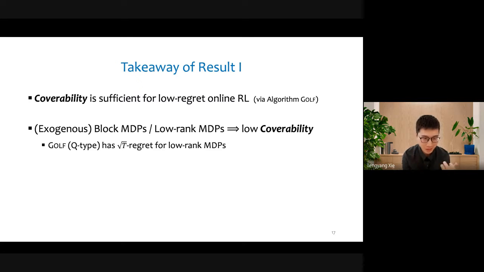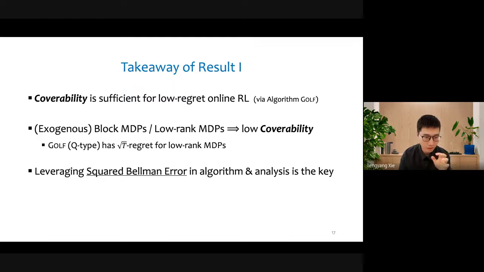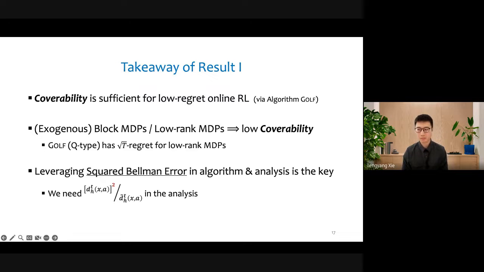This also gives us some new interesting implications. For example, the Q-type GOF can achieve root T regret for low rank MDPs. And we also know that we may want to leverage the squared Bellman error explicitly in the algorithm and analysis. The reason is we want to use this density square over density in our analysis. Okay?